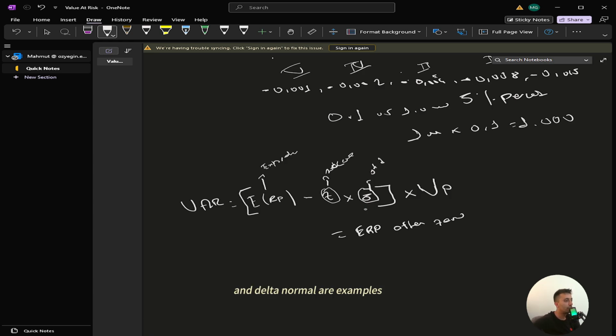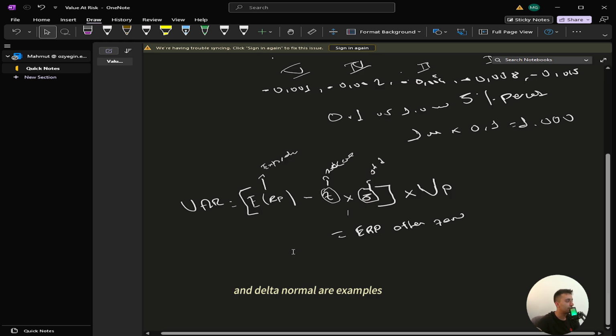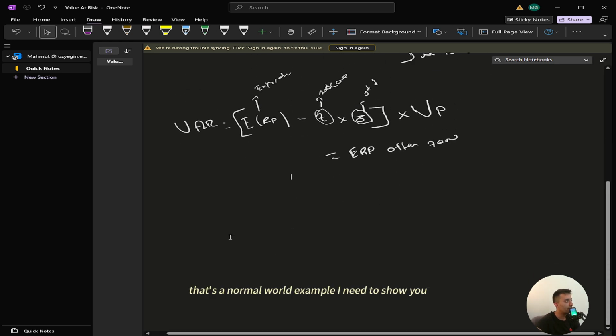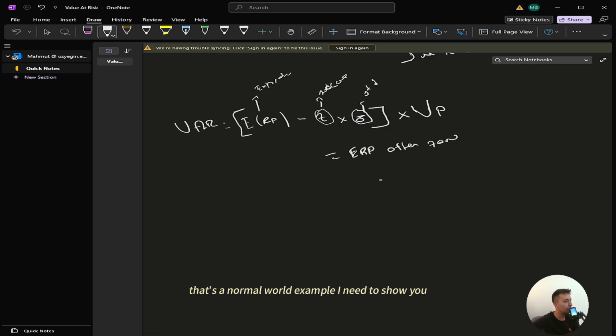And a delta normal VaR example, I need to show you. We are supposing the historical standard deviation of a stock index is 5% per day.